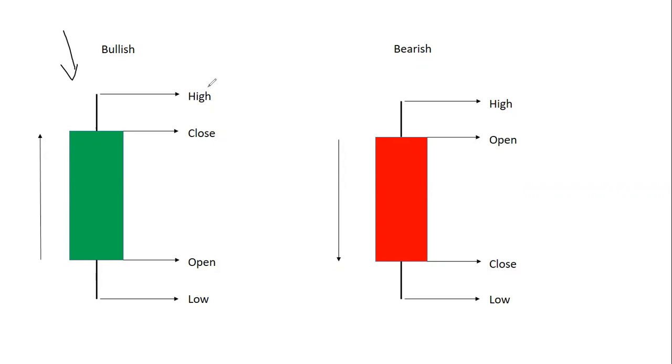The high on both candlesticks is the same, at the top of the wicks here, right? The only difference is the opening and the closing of the candle.